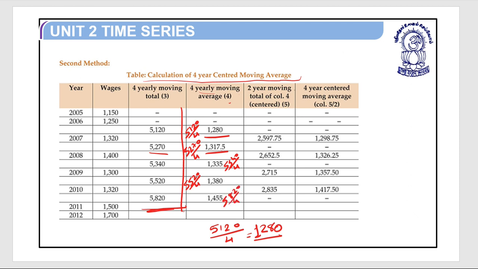Okay, so 2-year moving total of column 4 centered. Here 1280 plus 1317.5.